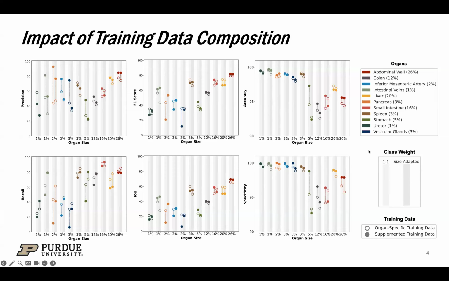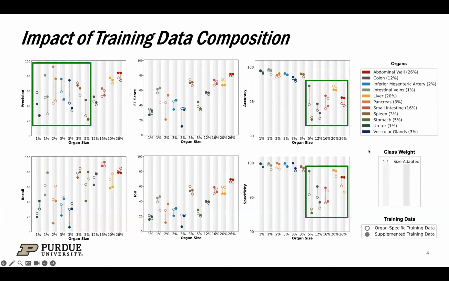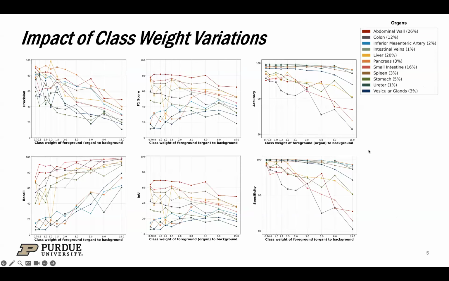And we also have another figure to show the impact of the training parameters, class weights. From left to right, we gradually increase the training class weights for the foreground. We will notice that the precision will decrease for all organs while we increase the class weights, and the recall will increase.